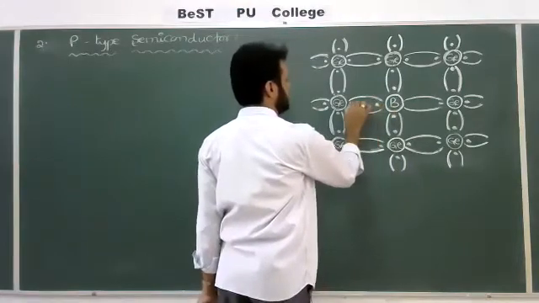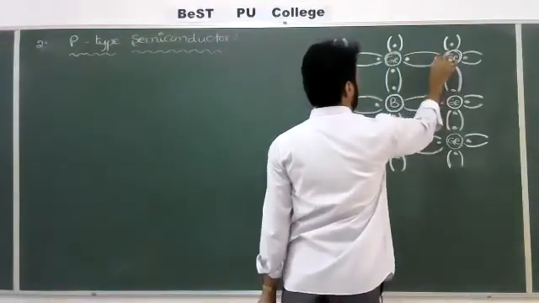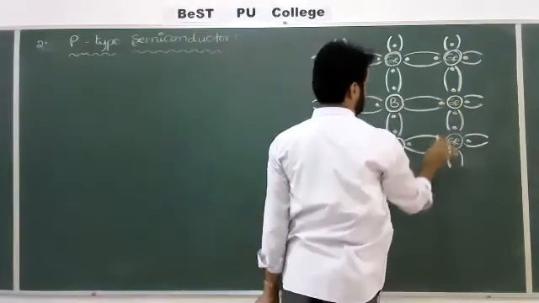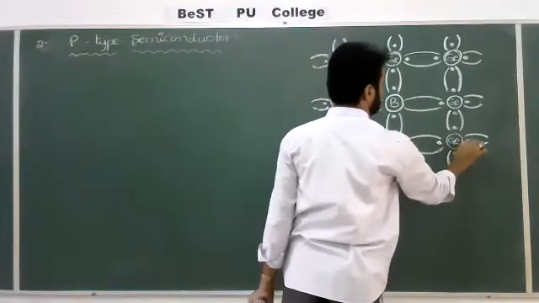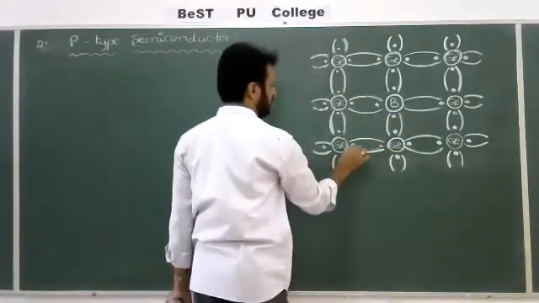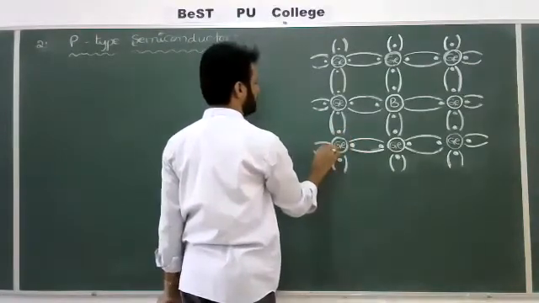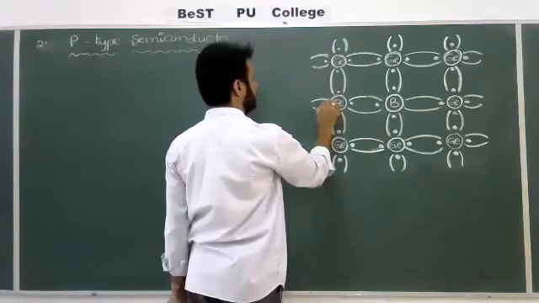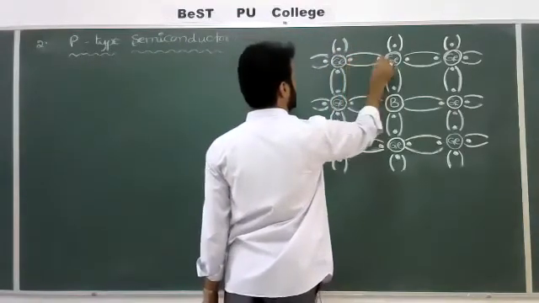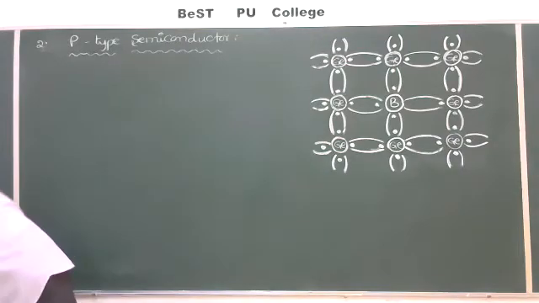To a pure semiconductor, when trivalent impurities are added, then the obtained semiconductor is called a p-type semiconductor. That is the simple definition for a p-type semiconductor.